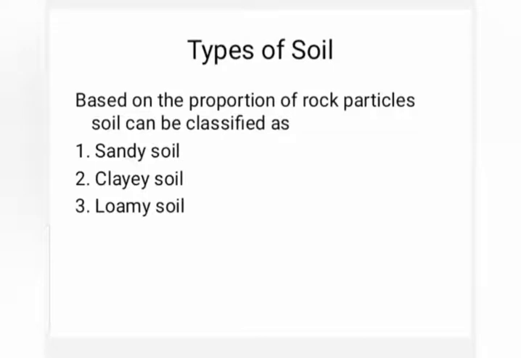They are big in size, so the water holding capacity is less. Water can drain quickly through the spaces between the sand particles. So, sandy soils tend to be light, well aerated and dry.